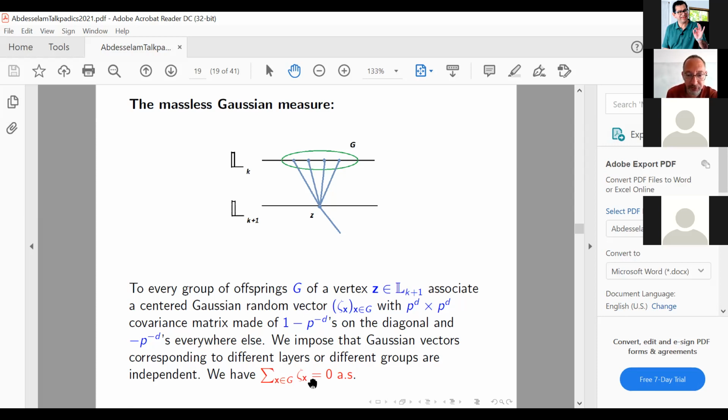So it is equal to 0 almost surely in every group. But then from this group of offsprings to the one next to it, it's completely independent. So what we have is a collection of random variables, zeta x, this is boldface x, indexed by points in the tree.